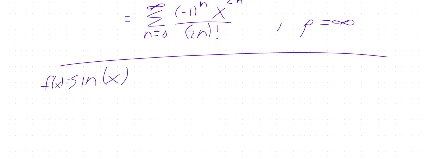Now let's do our sine again. But let's use, say, pi over 2 as our a value, not 0. And let's see what happens.